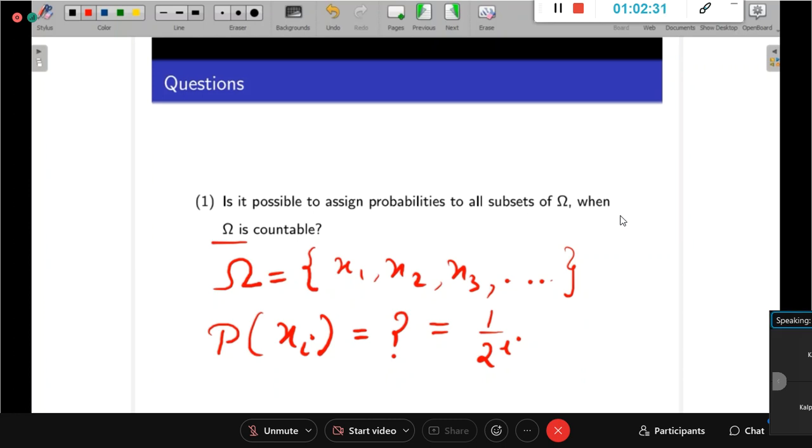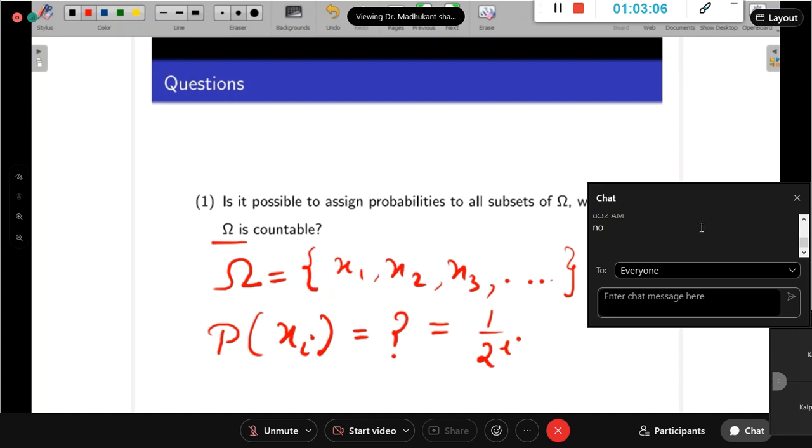Sir, another example can be the set of strings consisting of A and B, the set of all possible strings made out of A and B. One person has posted something in the chat box: according to me, it is a valid probability function here.